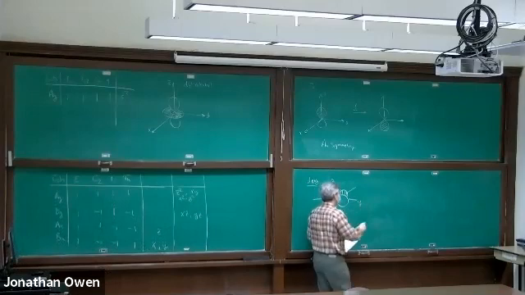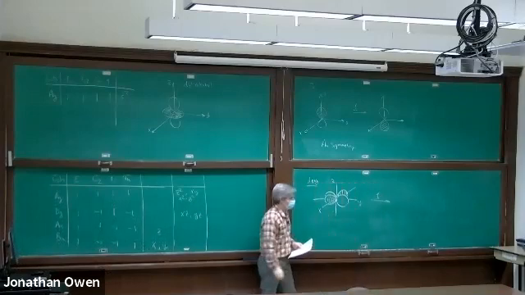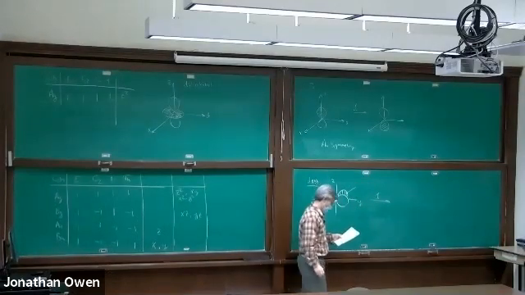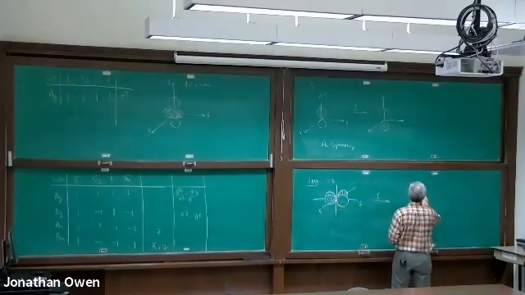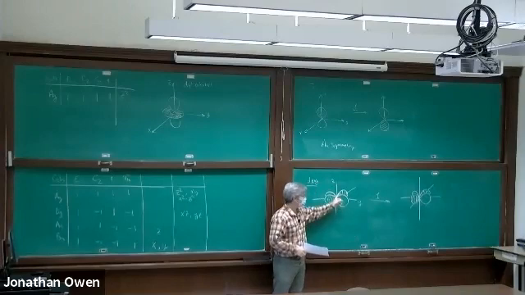All right, so let's do an inversion operation. What's the inversion operation we could do with that orbital? Nothing. Because the lobes have the same sign across the center of the coordinate system.